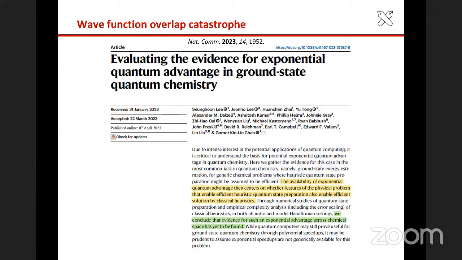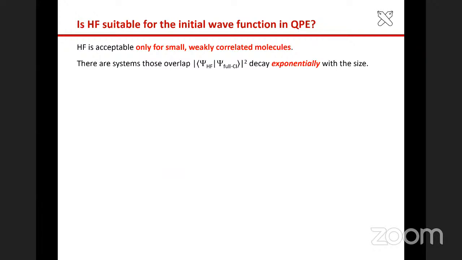So in most textbooks on quantum chemistry on quantum computers, we usually use the Hartree-Fock wave function as an input for QPE. But is Hartree-Fock suitable for the initial wave function in QPE or not? Actually, Hartree-Fock is acceptable only for small, weakly correlated molecules.